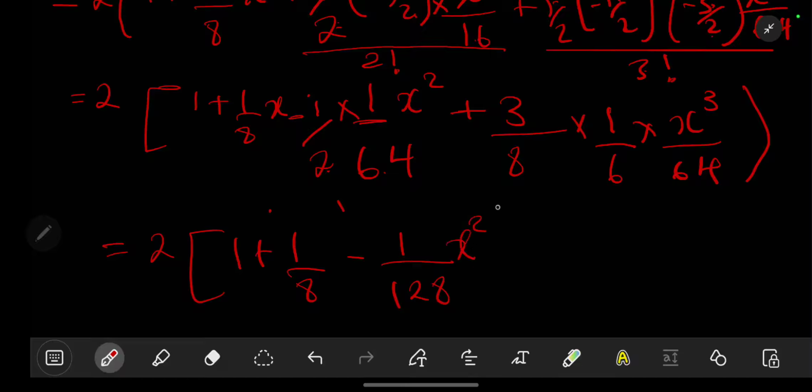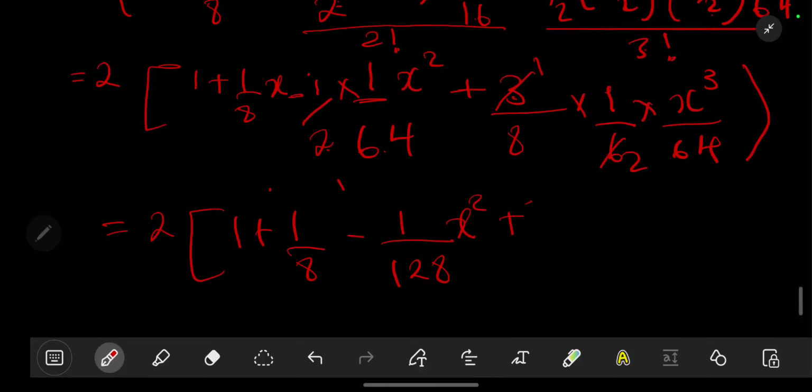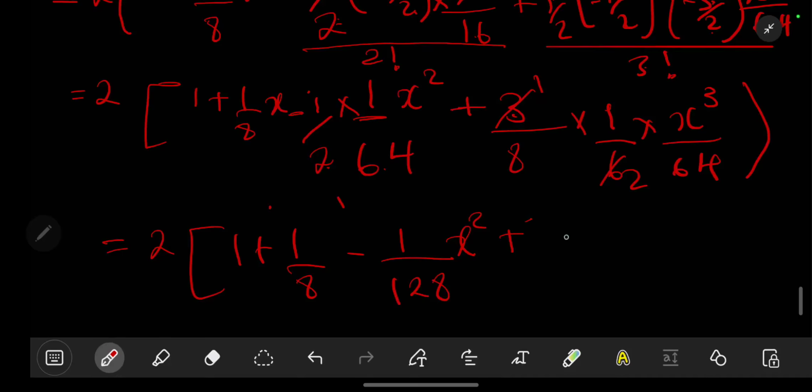Then we have x squared. 3 times 1, it will be plus our 3 over, we have 8. Okay, we can reduce a bit here so that this 3 can enter into 6 2 times. Here we are going to have 1. So 1 times 1, it will be equal to, we have 1 x to the power 3.